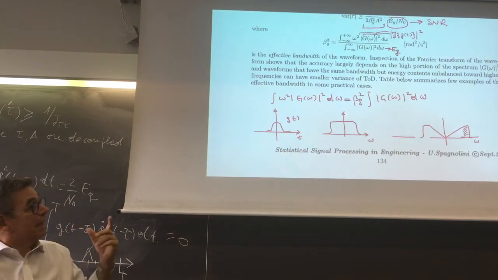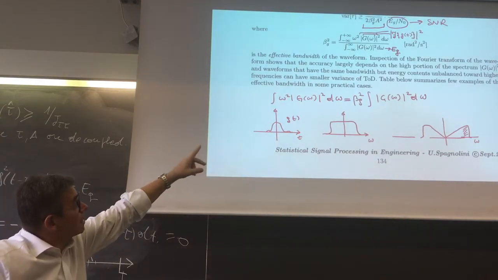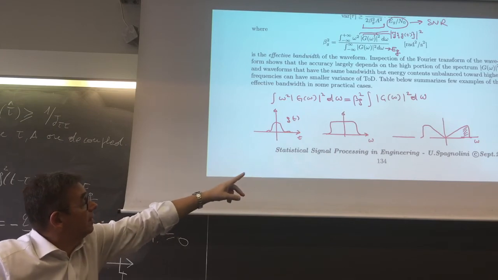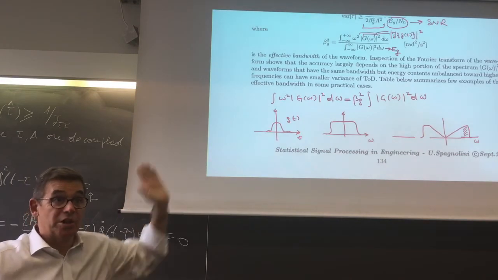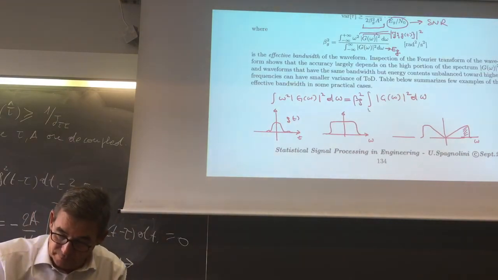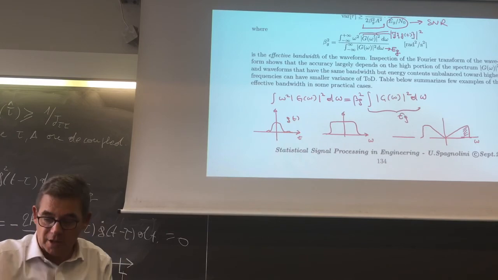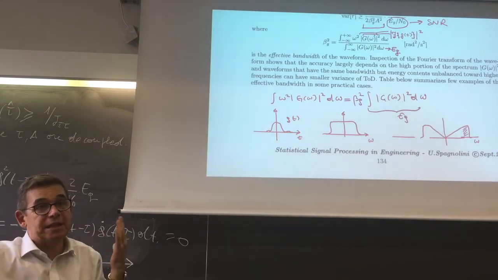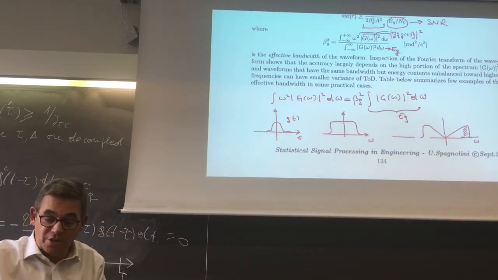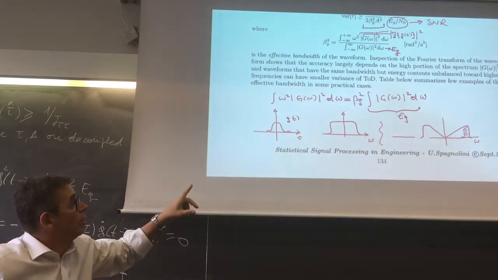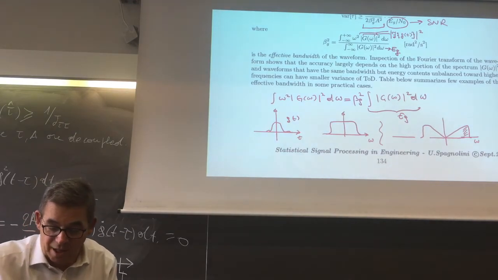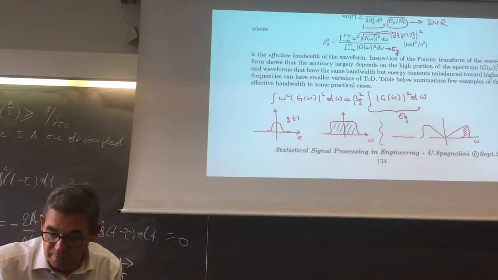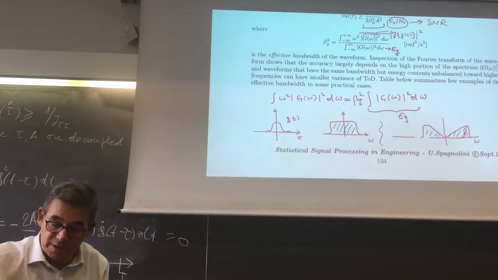When I compute the integral of omega squared multiplied by the square, the high frequencies make the effective bandwidth very large. Keep in mind, this is the energy. If I make a hypothetical exercise where I choose the two waveforms to have the same energy, energy means same area.